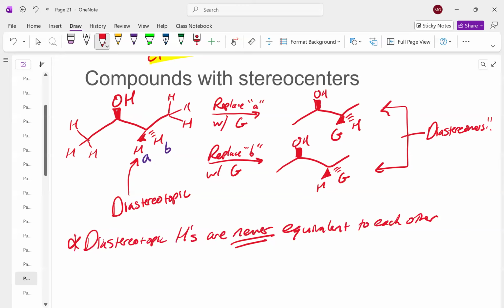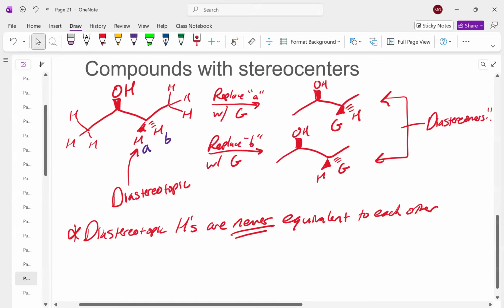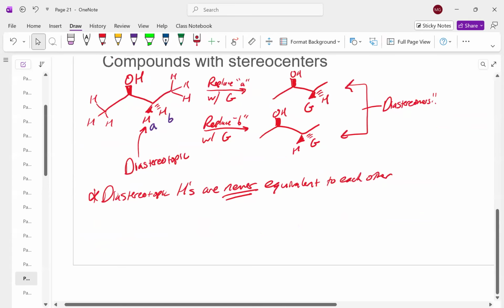They each have their own unique signal. Now, I don't have to worry about doing this with the CH3s, but just for the sake of this exercise, let's do this with one of the CH3s here.